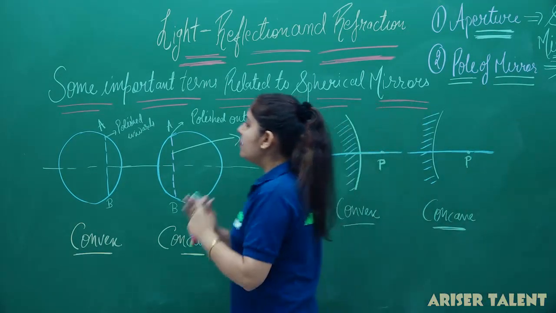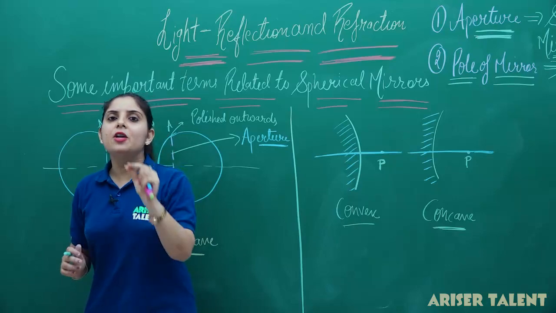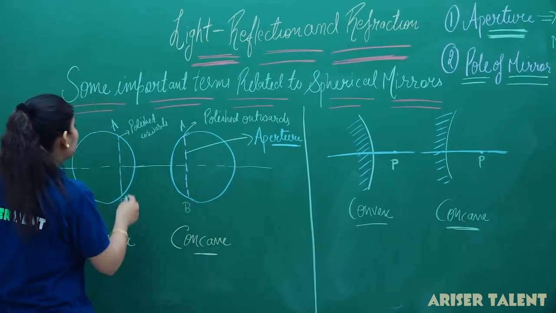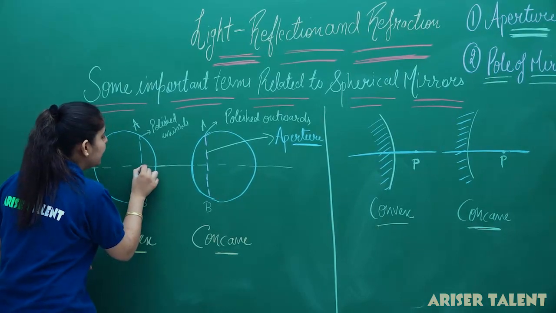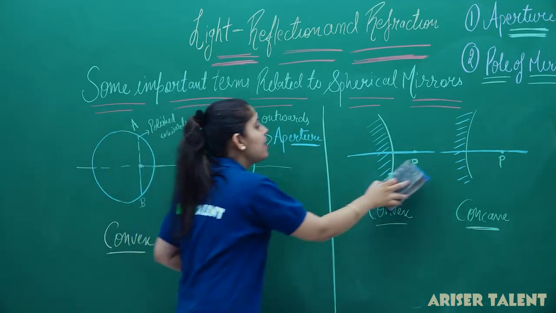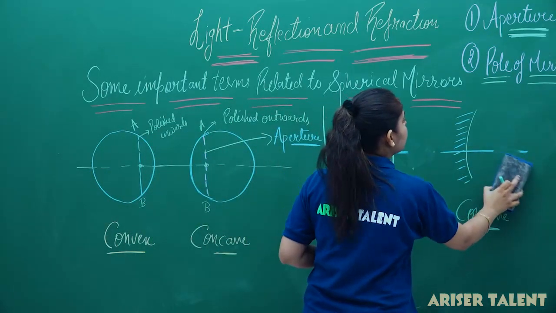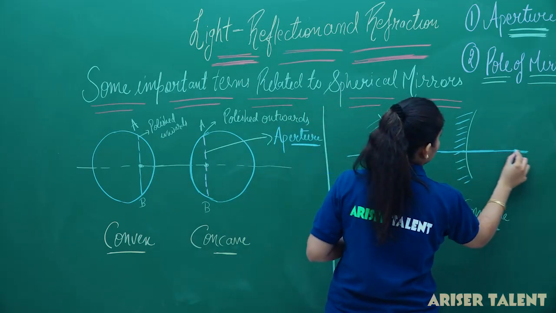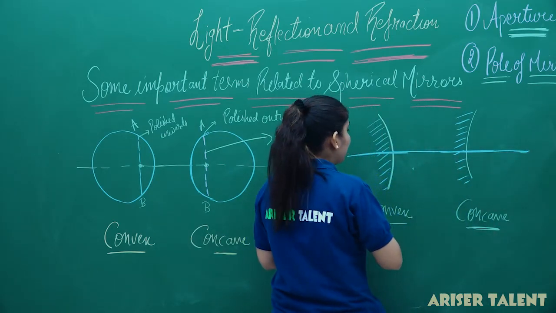The center of the mirror will give you the pole of the mirror. So, if this is the mirror and I am taking this as the center, this will be our pole in this case. If I am drawing the pole here, this will be our pole.